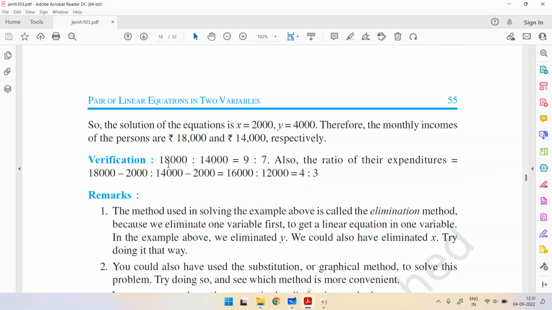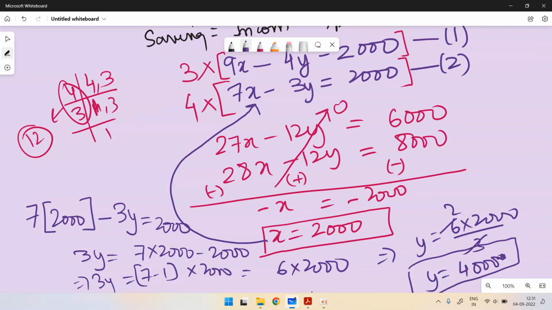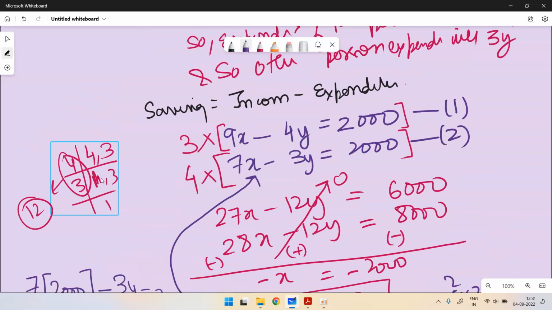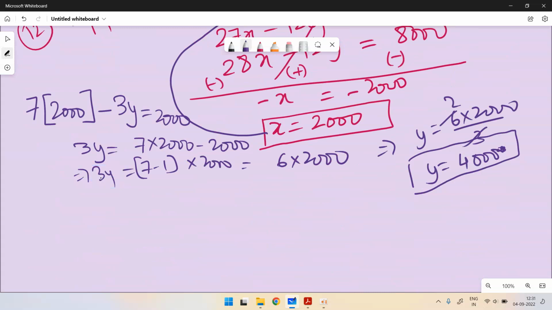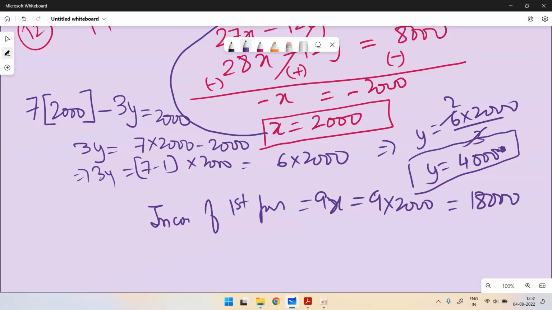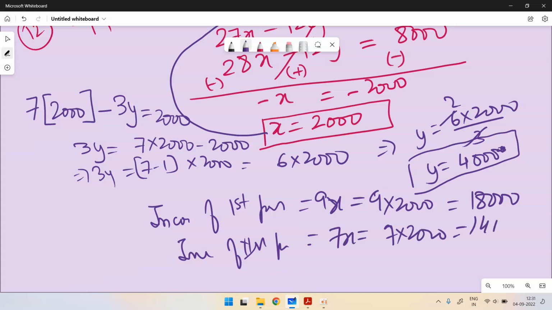Now you can even verify by taking the ratio. You have to find the income. The income is not x and y. Income is 9x and 7x. Income of the first person is 9x, which is 9 into 2000, that is 18,000, and income of the second person is 7x, which is 7 into 2000, 14,000.